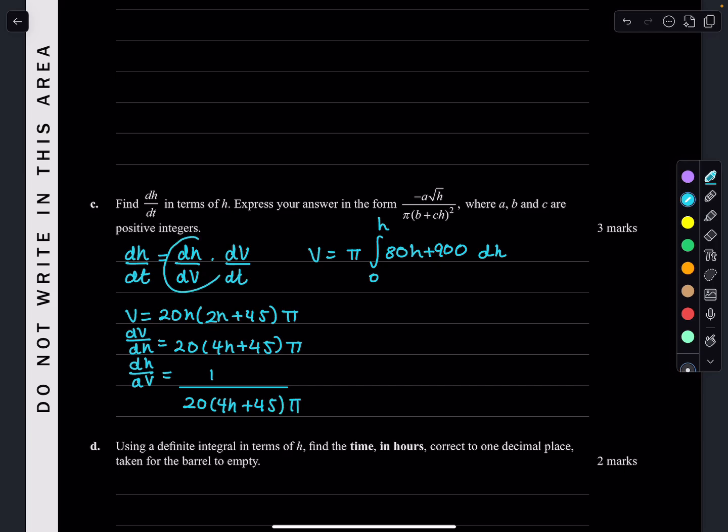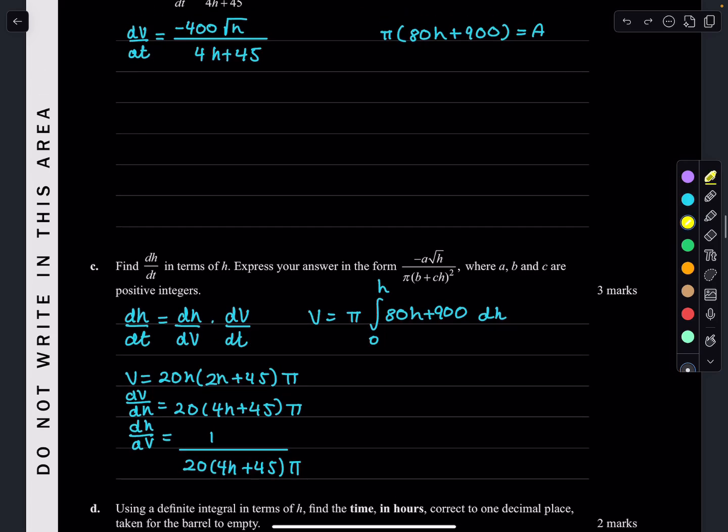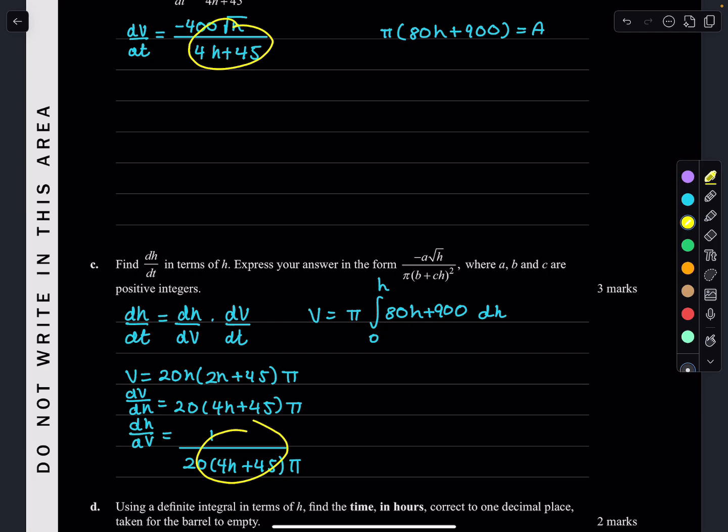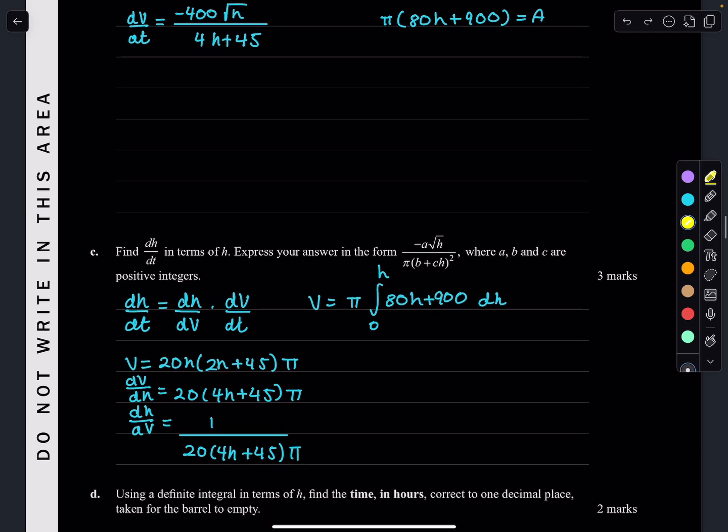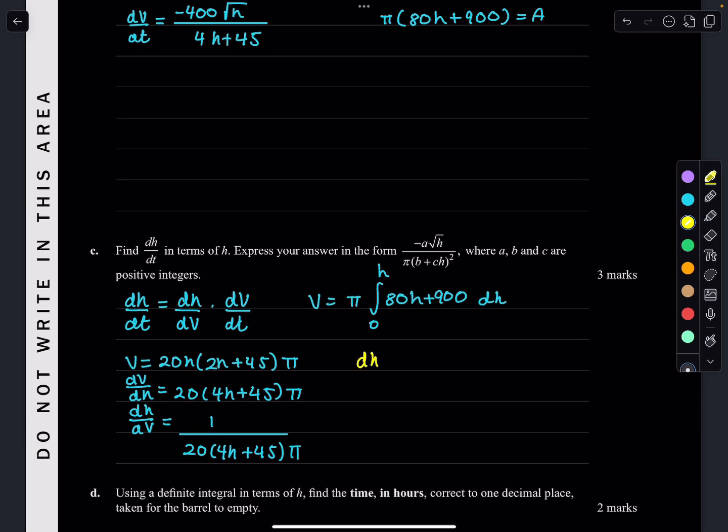Done. So now I got my dh/dV, and I also have my dV/dt. I just have to multiply them. So let's multiply these values, this and that here. So it's basically my overall dh/dt is 1 over 20(4h plus 45 pi) times negative 400 root h all over 4h plus 45.